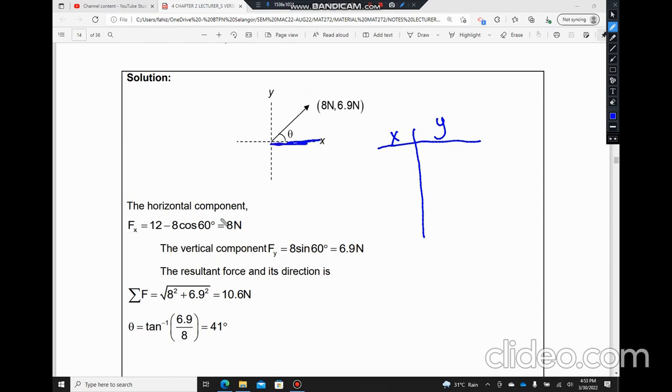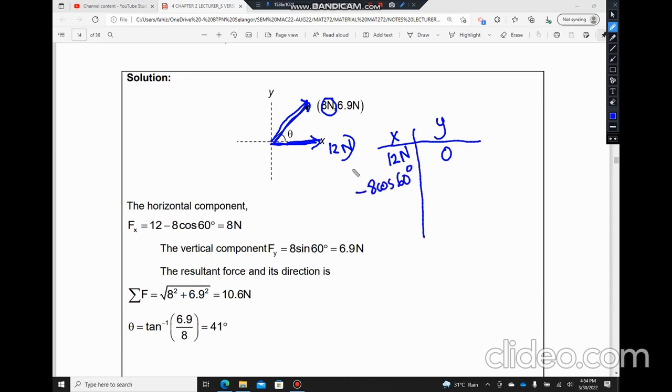Okay, untuk X kita ada 12 tadi kan, 12 Newton tadi ke kanan kan. Okay, so kita letak kat sini first 12 Newton. Okay, then untuk 12 Newton ni untuk Y dia tak ada sebab dia just dekat paksi X, so dekat Y dia kosong. Okay, then untuk 8 Newton, kita ada kat sini this one. Okay, 8 Newton untuk paksi X kita boleh guna 8 cos 60.